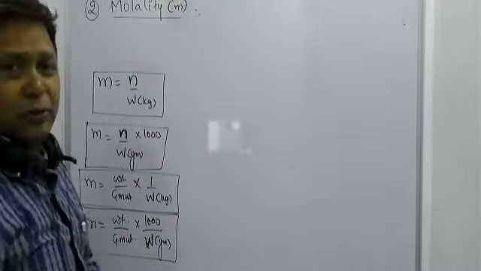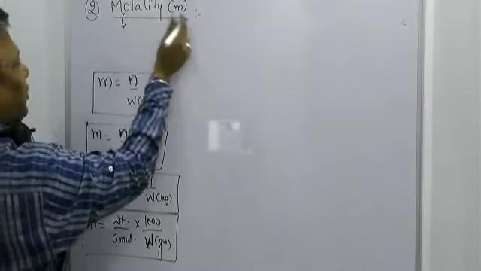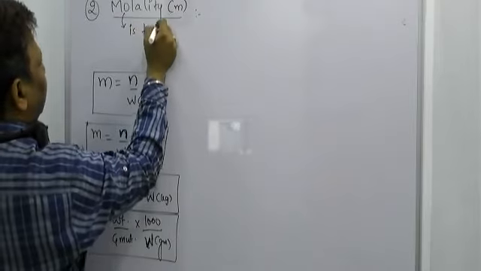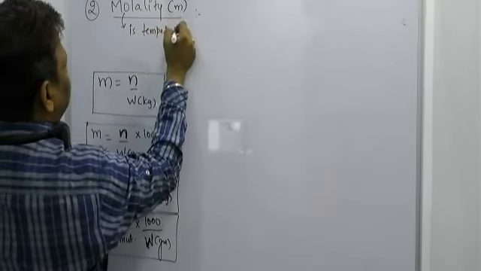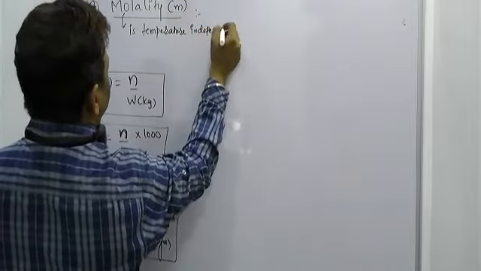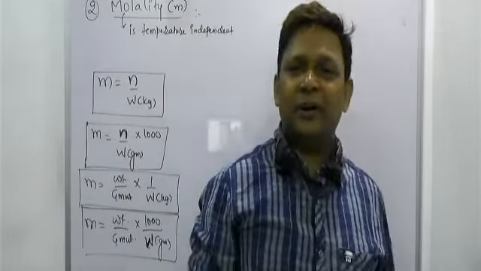Now we will do some questions based on this molality term. But before going to more questions, I want to tell you, molality is a concentration that is temperature independent, means it does not depend on the temperature.